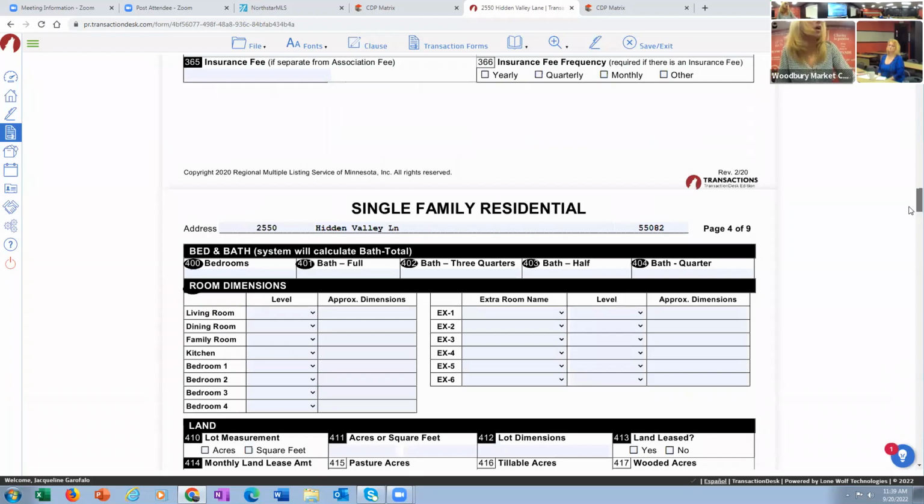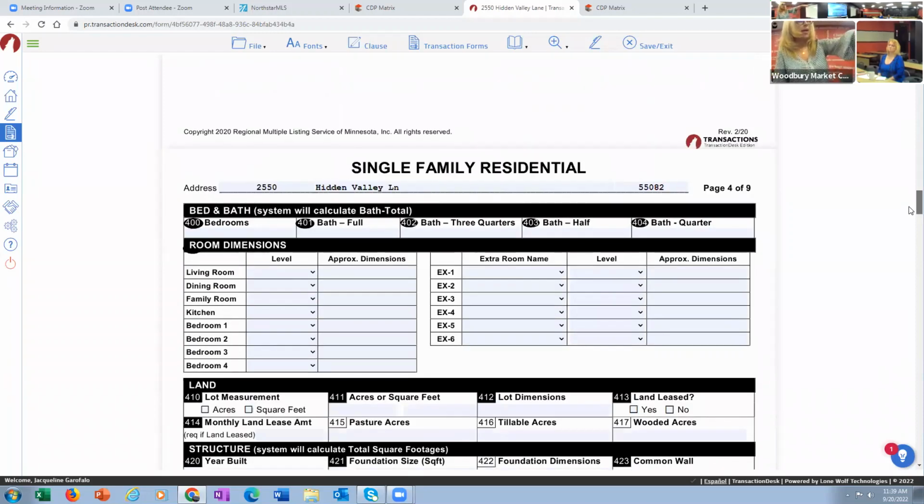Now, this is where all our measurements go, right? A lot of times I'll pull all my measurements from the previous listing, and I'm going to verify them. But I know they're right because this was my buy, right? But a lot of times there's not a previous listing, so no MLS data.